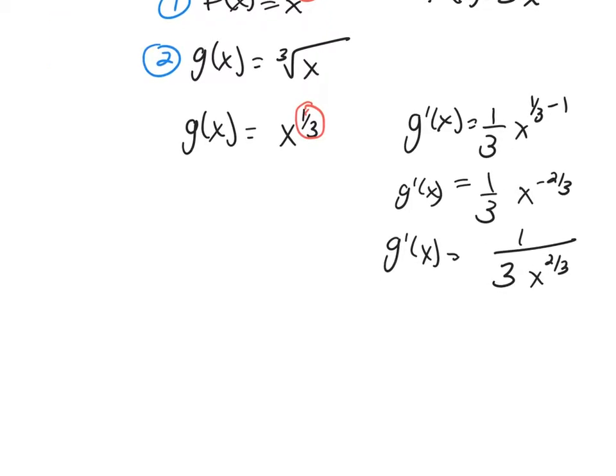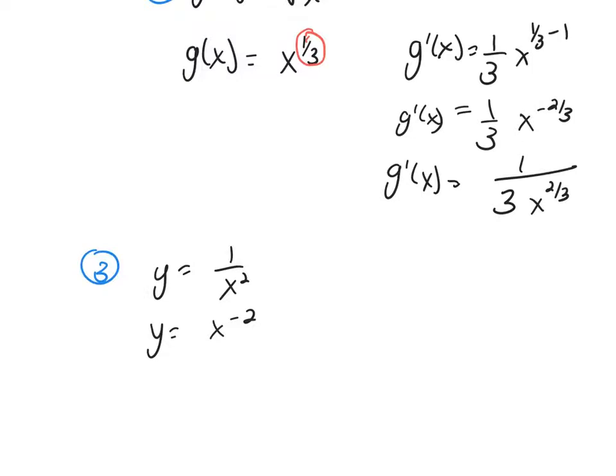Let's do one more. Let's do number 3. y equals 1 over x squared. Again, you might want to write this as x to the negative second. Bring it up to the numerator. And now do the power rule.